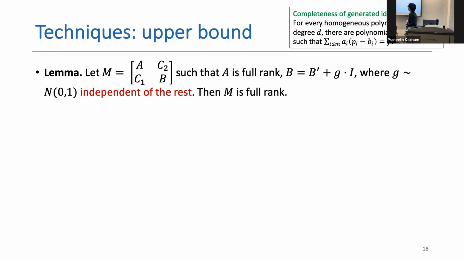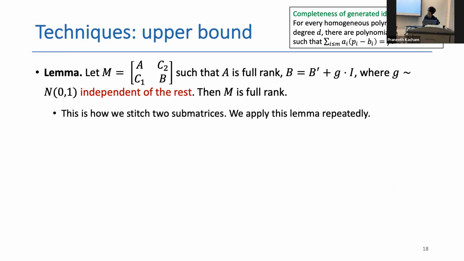Suppose M has this block matrix structure, and A is full rank. B is B prime plus G times identity. So basically, the diagonal of B is random and independent of the rest. G is Gaussian, independent of the rest. Then M is full rank, and this is pretty easy to see.